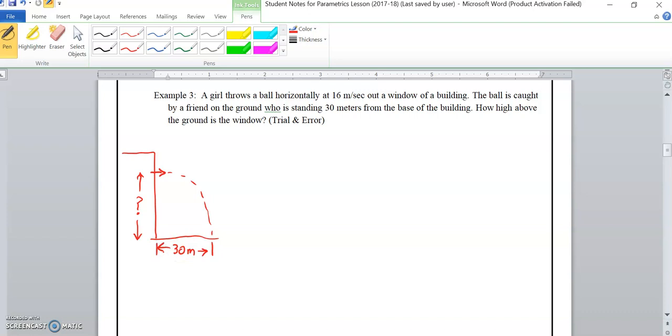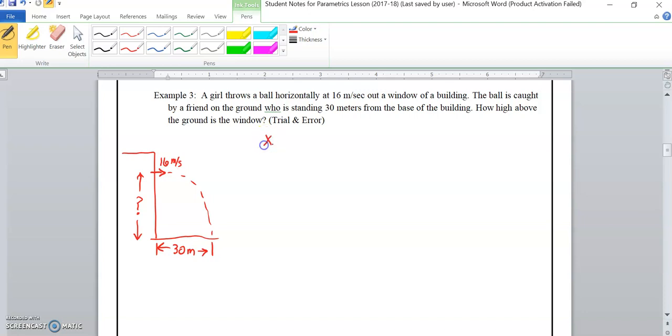So we know that that's how far it landed away from the building. So the question is, at 16 meters per second horizontally, landing 30 meters away, how far up the building did this ball come out a window?